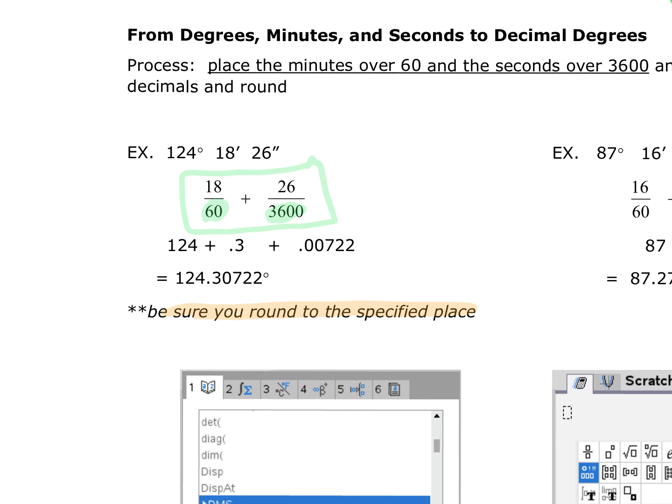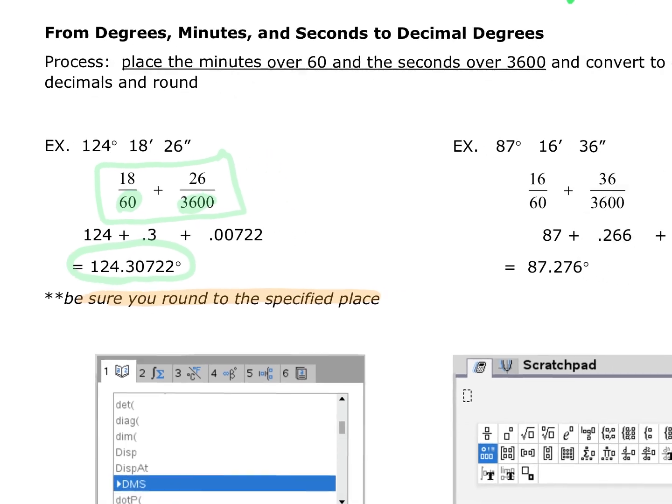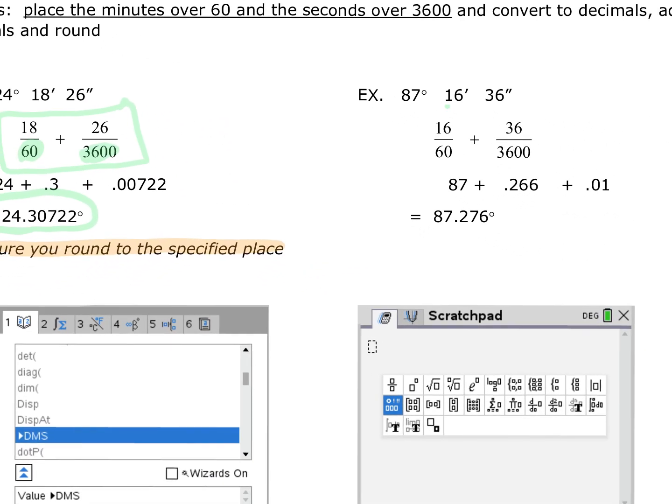Just put that all together. I'm showing it separate just so that you can kind of see the different parts. But when you put it all together, that's what you're going to do for your decimal. Okay? So look at this one, the 16 goes over the 60, the 36 goes over 3,600. Add that decimal together for that part.